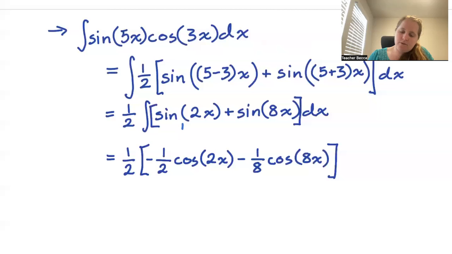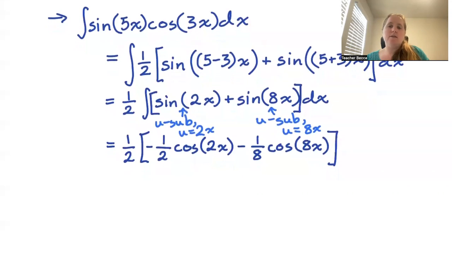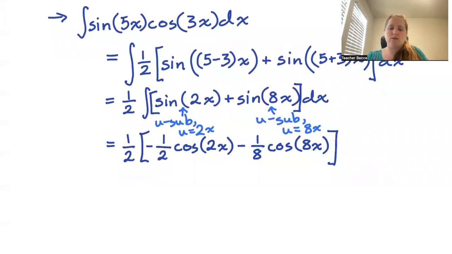Technically, you can use u-substitution. On sine of 2x, we could do u-sub with u equal to 2x, and on sine of 8x, u equal to 8x. But as you get more comfortable with these, when you have a linear inside function, particularly just a coefficient times x, you can skip writing out the u-sub.